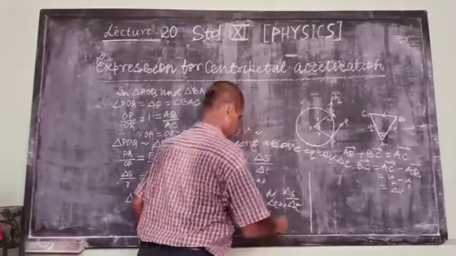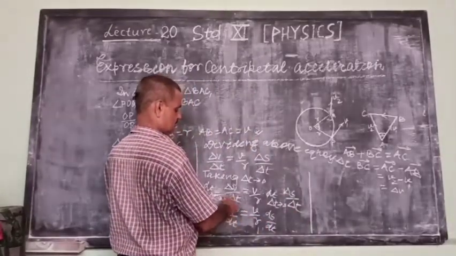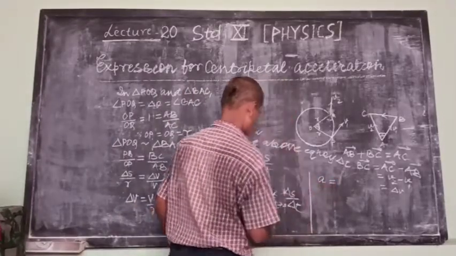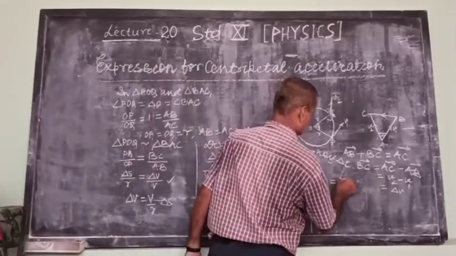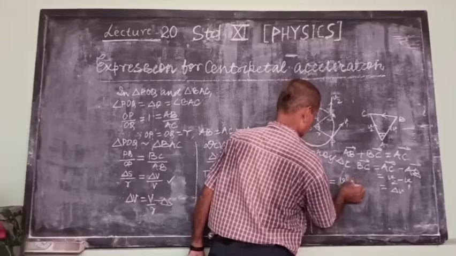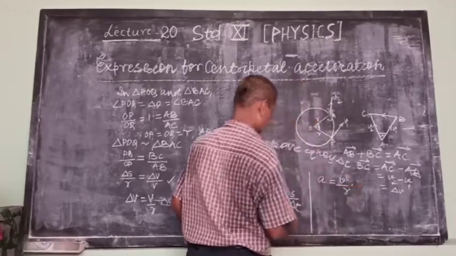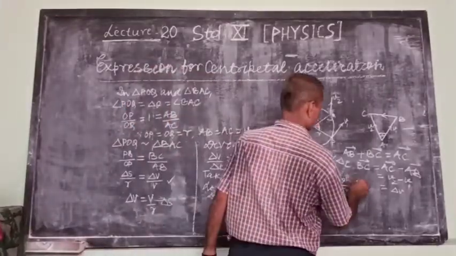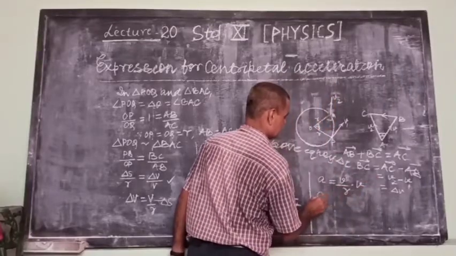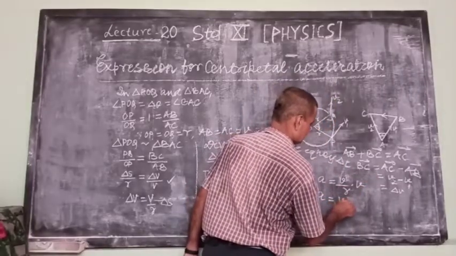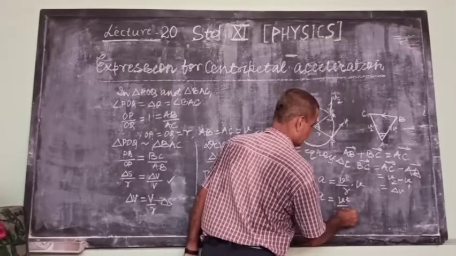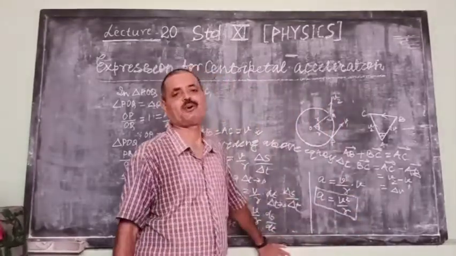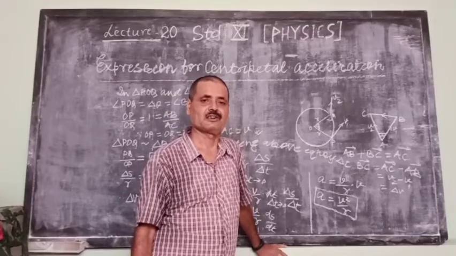So finally, acceleration a is equal to V by R into ds by dt, that is your V. So we can write a is equal to V square by R. Hence we can say this is the value of centripetal acceleration.